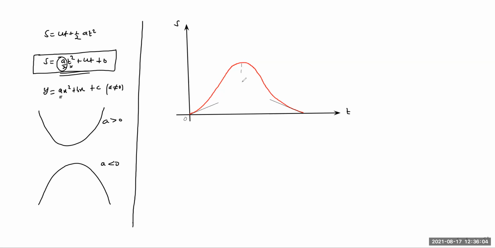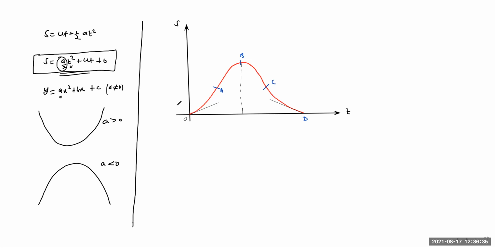But what we're going to learn from this graph is something different. The graph will have two regions. One is the acceleration part, then the retardation part, and something else. So let's divide the graph into four parts: O, A, B, C, D. What we are supposed to understand is in which part the particle is accelerating.